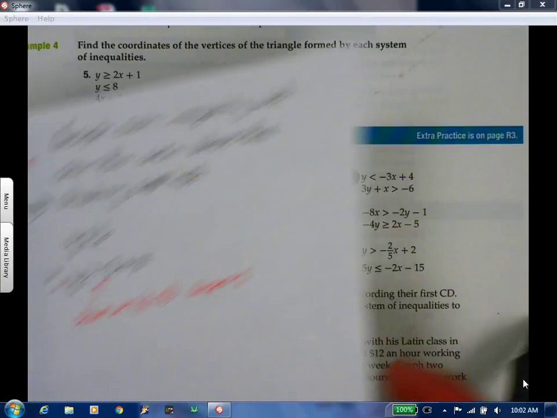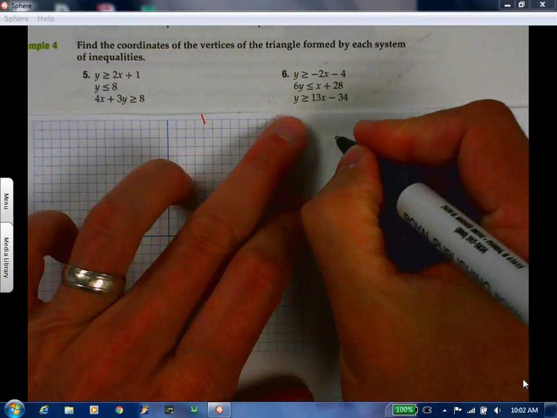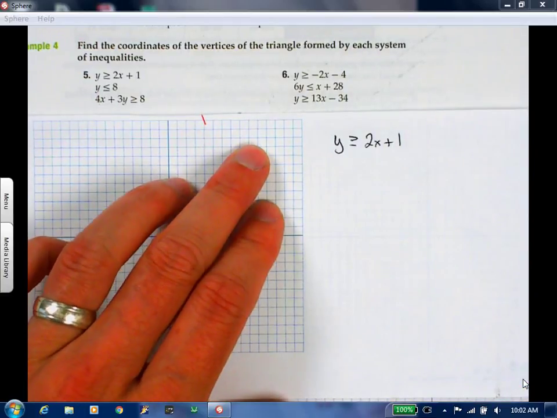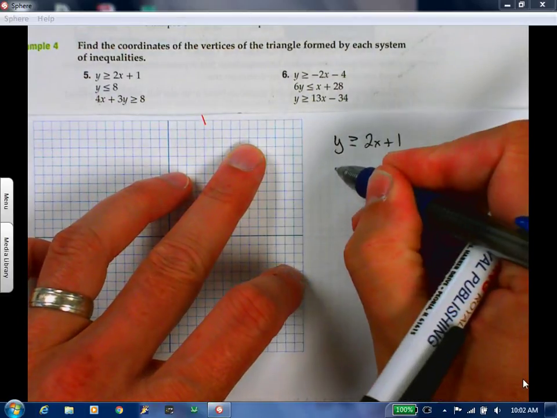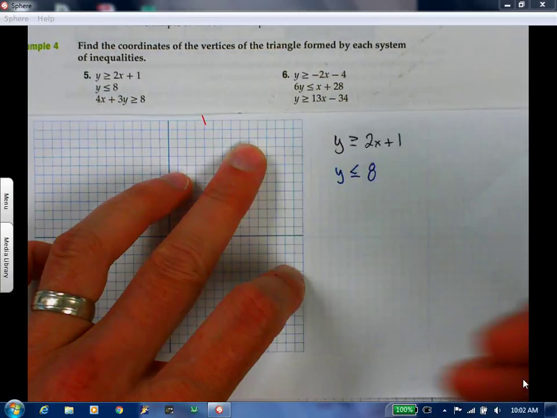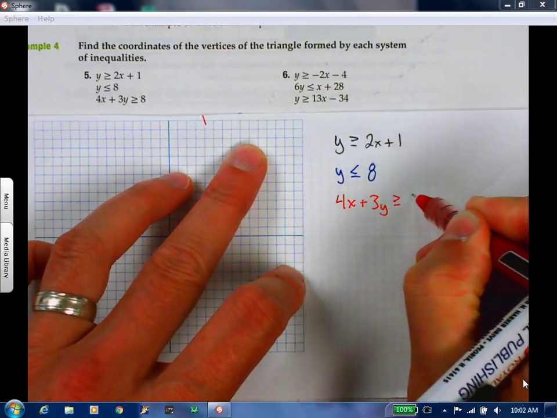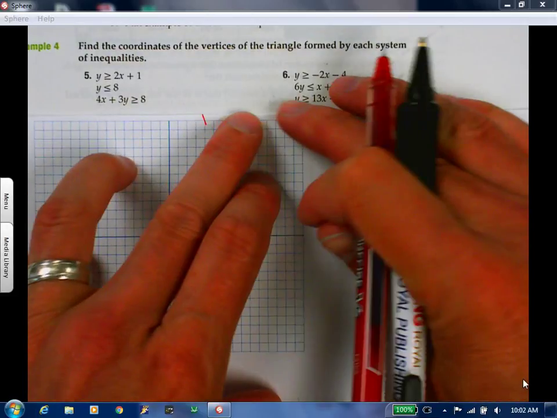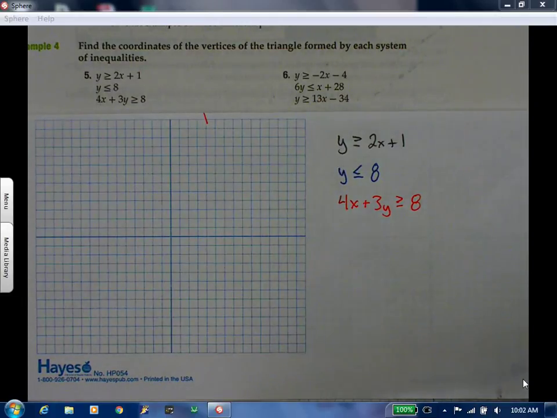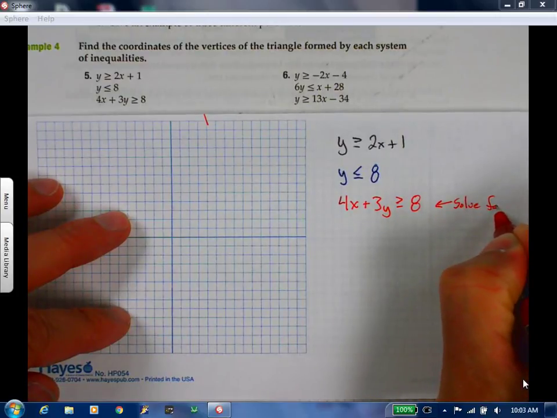So we're going to have one. Bottom one is the one we have to solve for y.